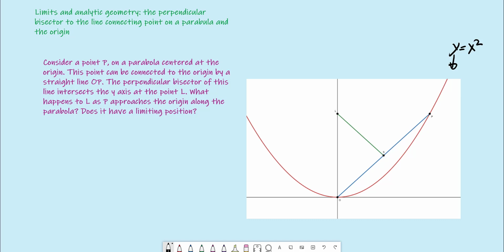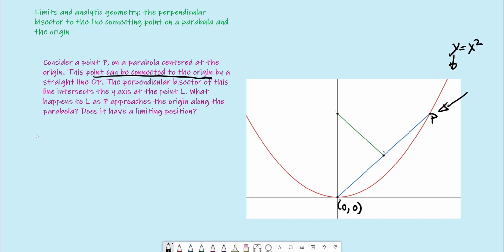Now we look along this parabola at various points, and specifically we're looking at this point here, P. And this point P can be connected with a straight line to the origin, the point where x and y both equal 0. So that connecting line is this blue line here.